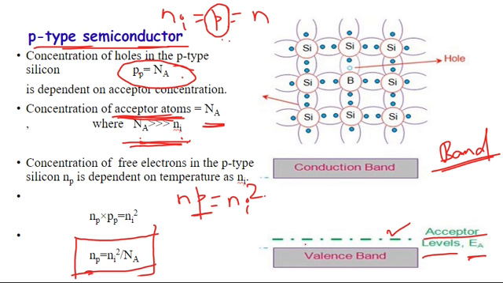It has only holes. Similarly, in the bond diagram you can see a void inside the covalent bond: we have only 3 covalent bonds and 1 is left, and it requires one more electron, from the acceptor atom, in order to complete its covalent bond. So this is all about acceptor impurity.